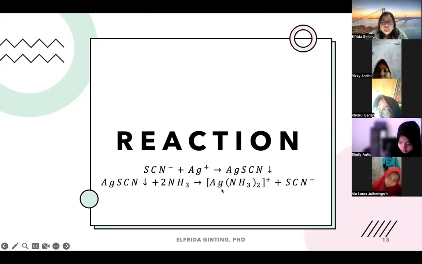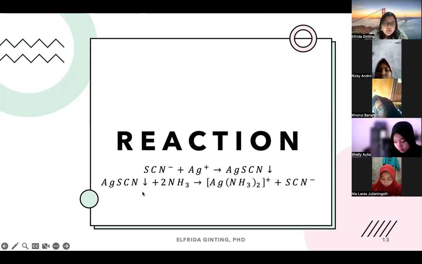silver ammonia complex. And I always remind you, whenever we have an ion in the reaction, it means these are soluble.